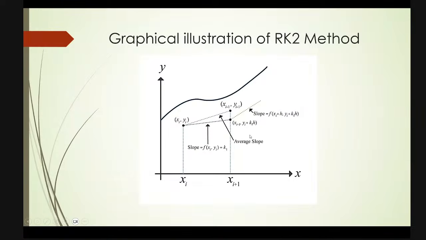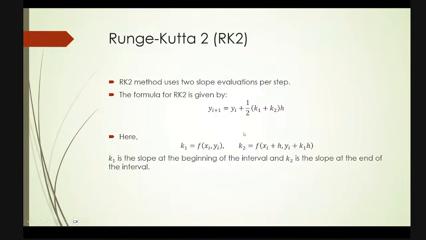The answer to this question lies in the Taylor series expansion. The RK2 formula is compared with the Taylor series expansion of the solution up to second order, and based on that some general conditions are derived for the coefficients of k1 and k2. Based on these general conditions and the variant that we choose for RK2, the coefficients of k1 and k2 are determined.